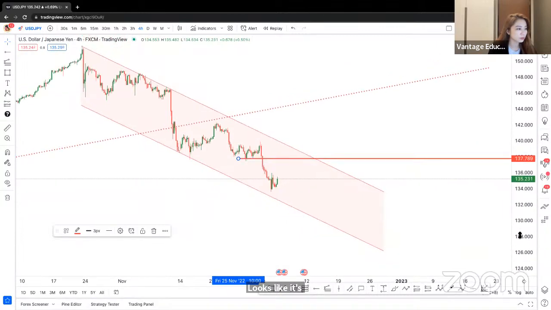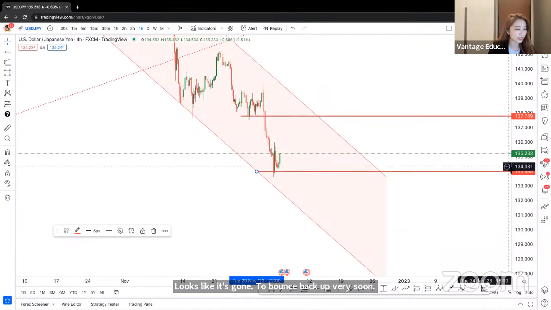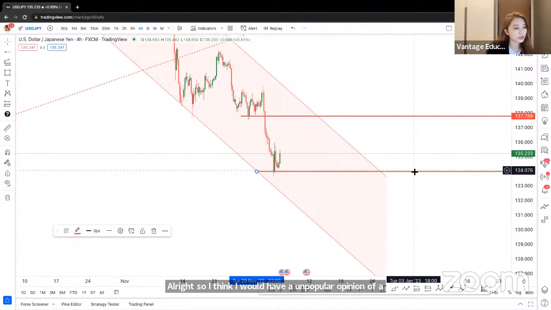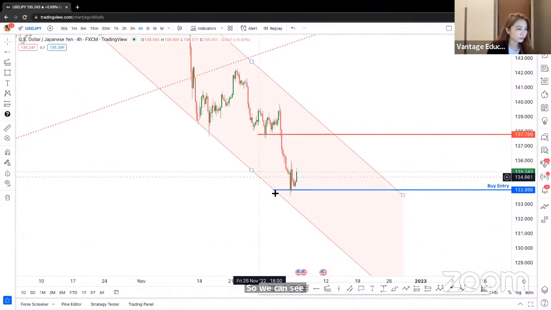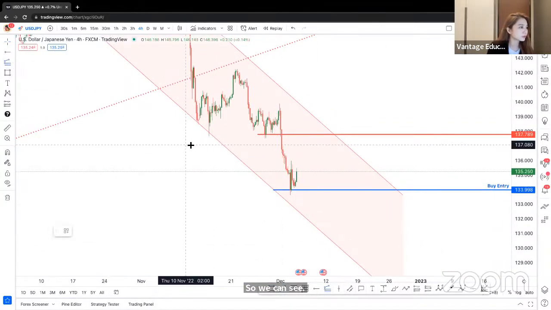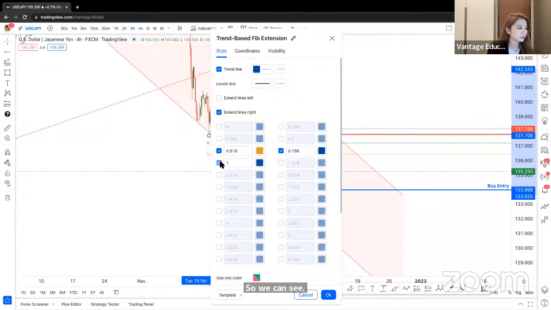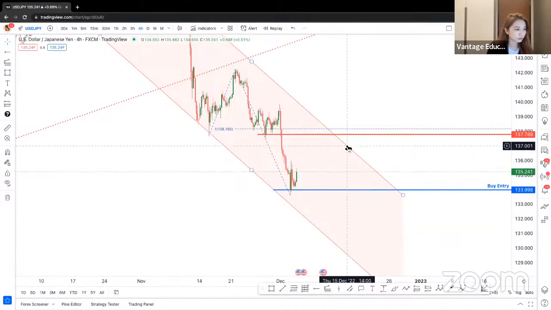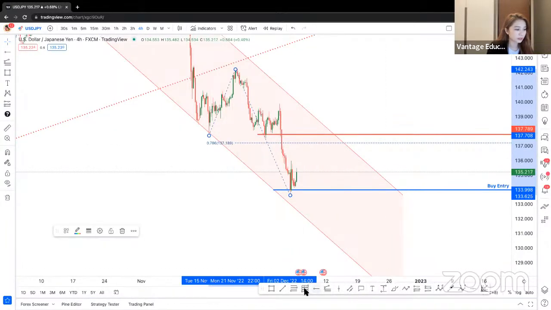I would have an unpopular opinion of a short-term upward bounce of about $4. So we can see, put it below, so 78.6 instead.